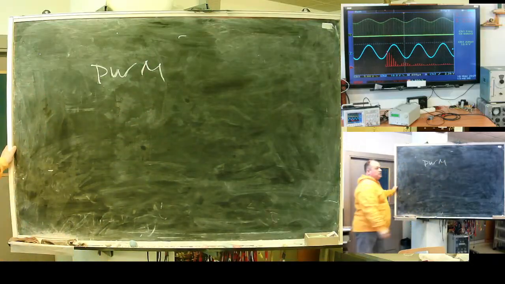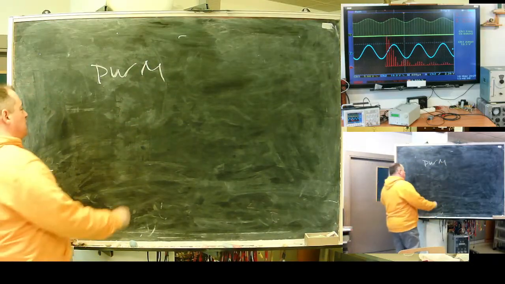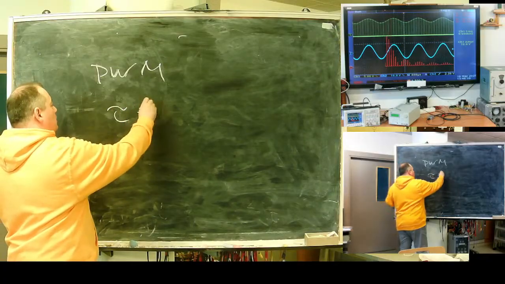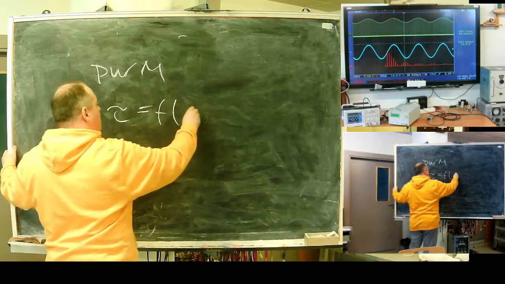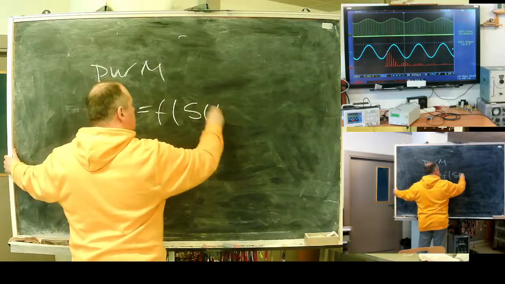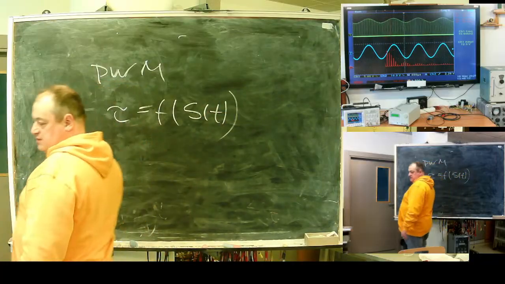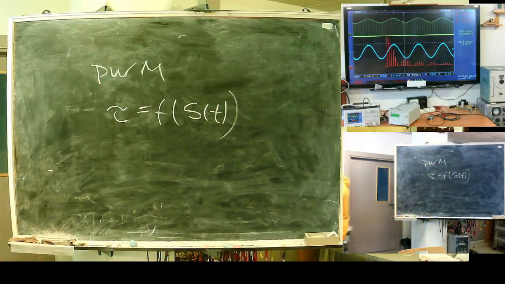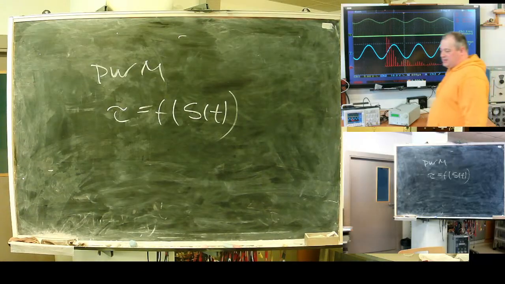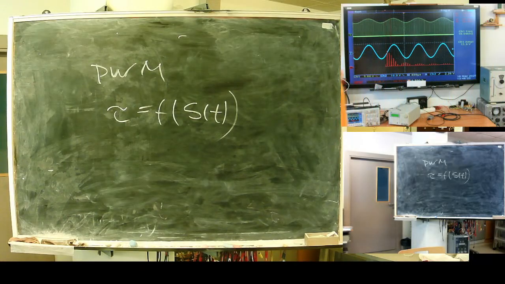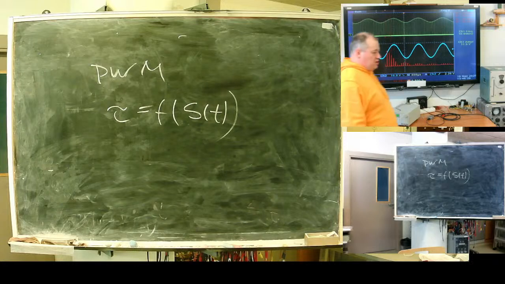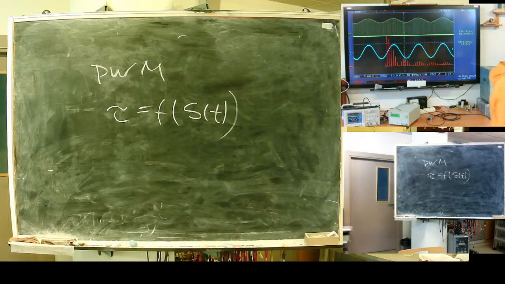In pulse width modulation, tau is a function of signal how to be transferred. But in reality, it isn't used for data or sound or info transfer. PWM technology is extremely popular now to control energy.